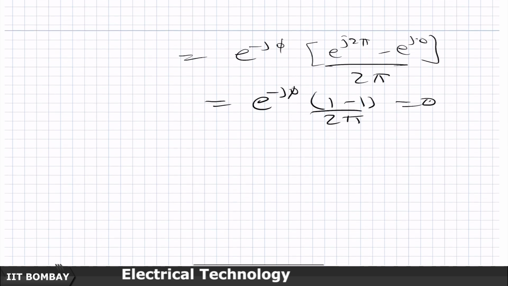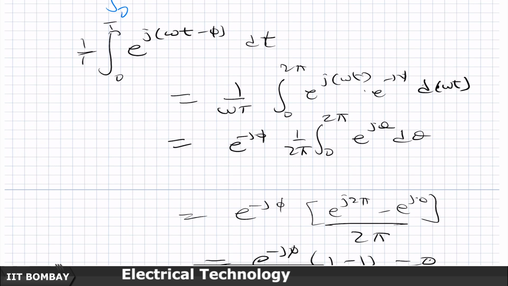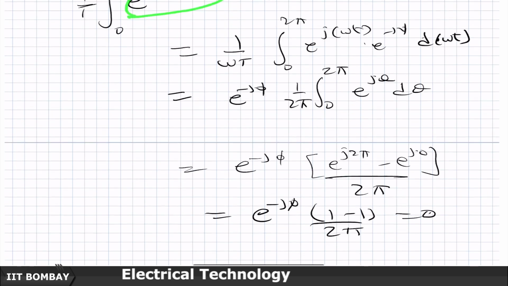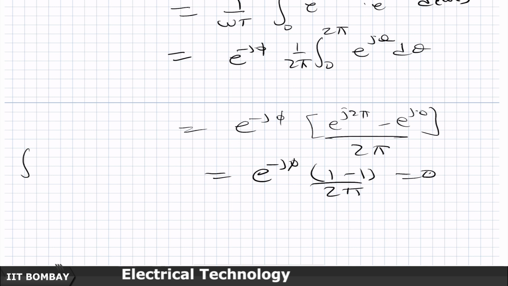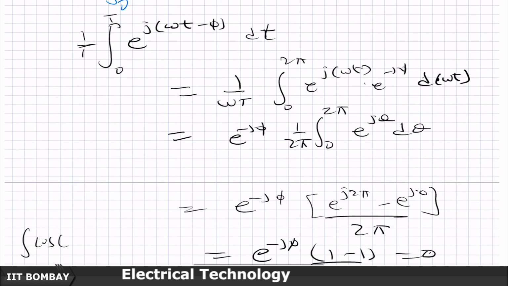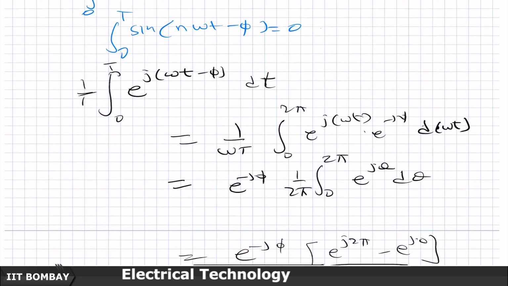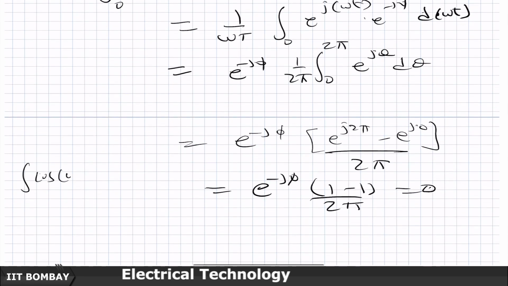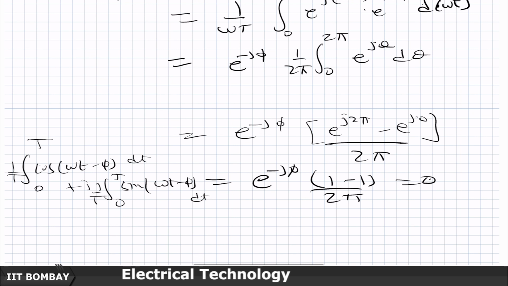But then if you look at the left hand side, by Euler's identity this is nothing but the integration of cos of (omega t minus phi) plus j times sin of (omega t minus phi), from 0 to T, 1 by T. Because this integration is 0, it is 0 plus j 0.